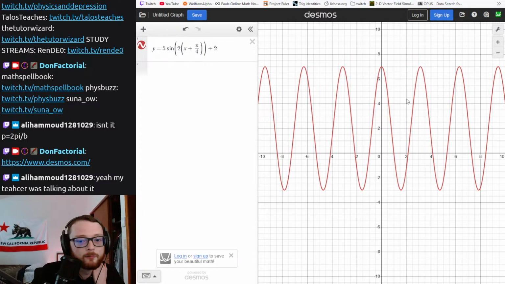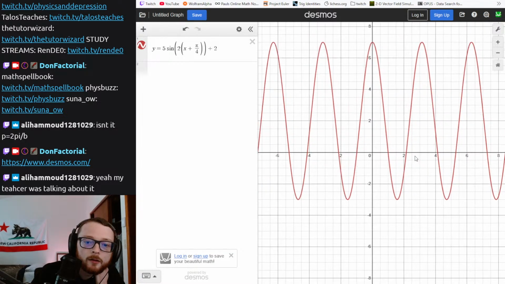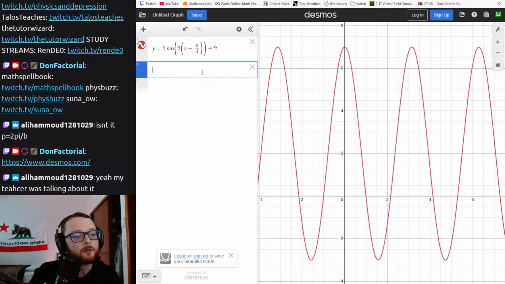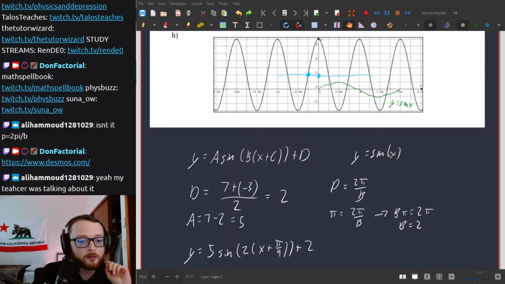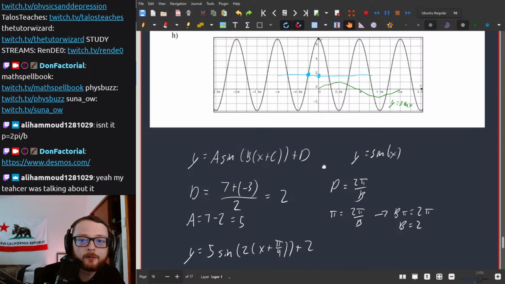This looks about right. Yeah, so teacher, let's talk about it. Oh yeah, it's a really good website. Here at x equals pi, we do hit a maximum of 7. And back here on the graph, at x equals pi, we also hit a maximum of 7. So this does seem to check out.